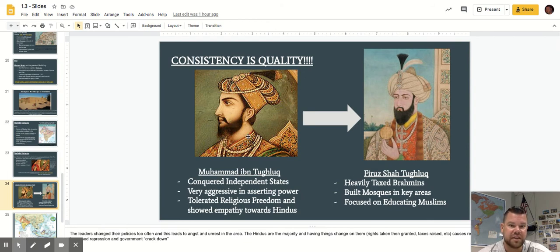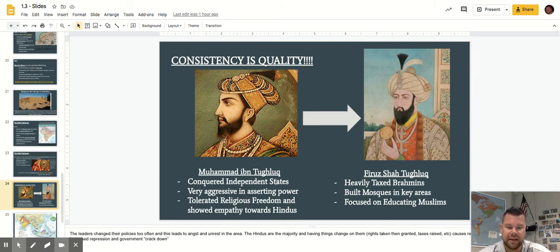You can see that these sultans from the north were Turkic, so they had a different ethnicity. Again, not only do they have a different religion, but they look different than a majority of the people they're conquering and ruling over, which really isn't a great thing.